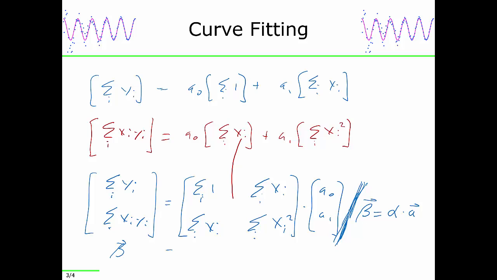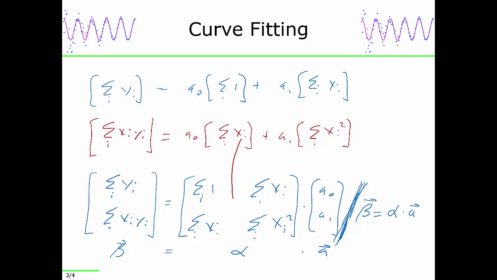This is beta equals alpha times A. So how do I solve for A there? I'm sorry? Oh, you're even more Johnny on the spot than I was thinking. The simple answer, you gave the next step. How do you actually mechanically do it?